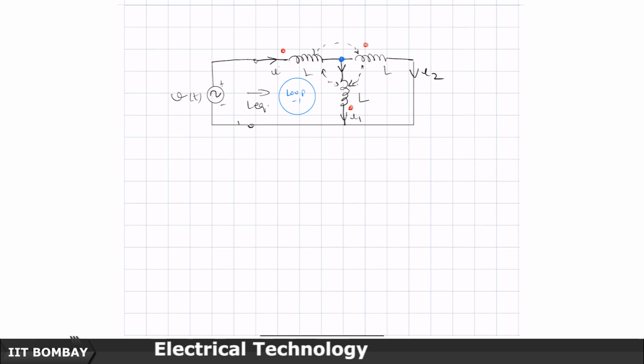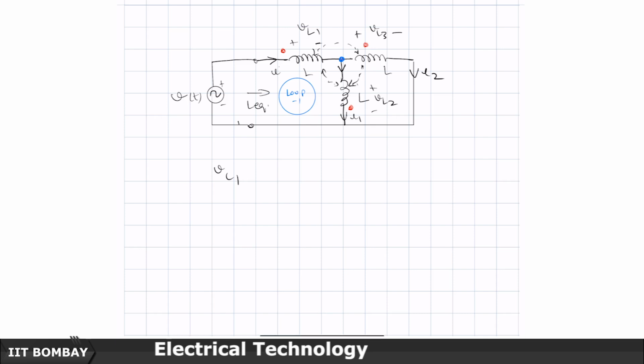If I look at the first inductor at the top, let us call the voltage drop across this VL1, with the plus and minus here, and let me call this VL2 and let me call this VL3.